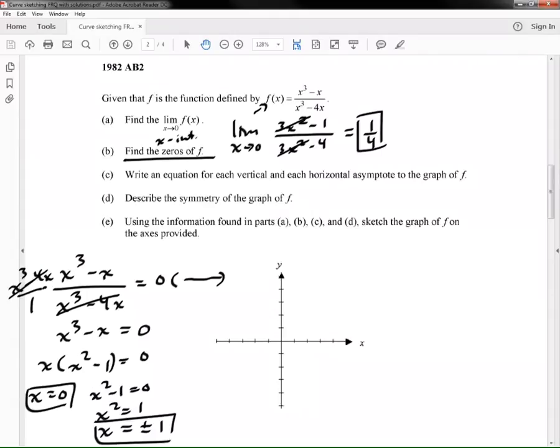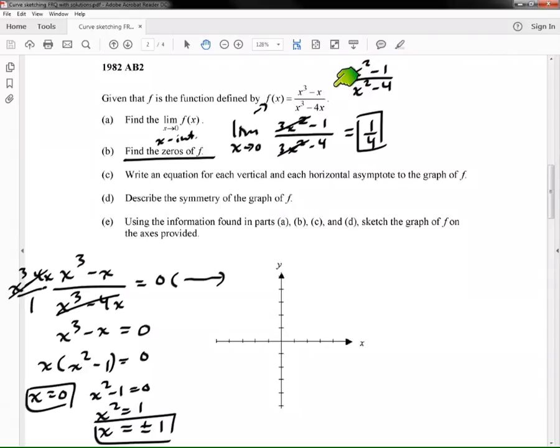Which is why some people don't work with this guy. Instead, they work with x squared minus 1 over x squared minus 4, because this is a simplified version of that. But the problem with this is that if you were to graph this, you're not going to get the hole in the graph like you would on this one.